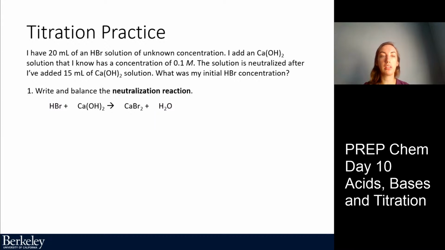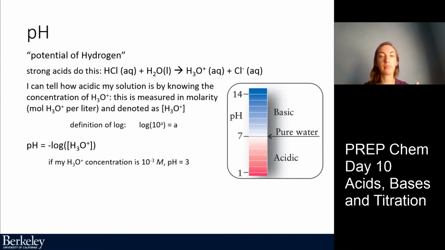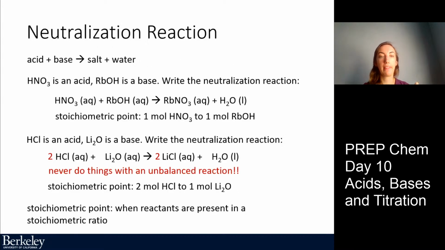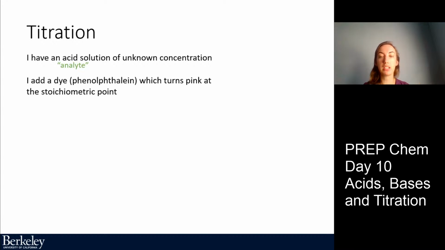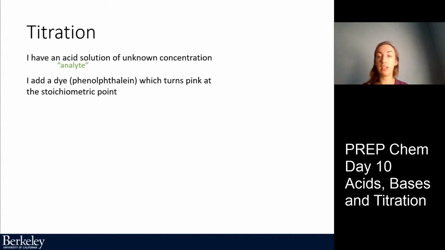So I'm going to go back to the beginning here, just to go through this one last time. The way that titration works is that I have an acid of unknown concentration. I have a dye that will tell us when we reach the stoichiometric point.